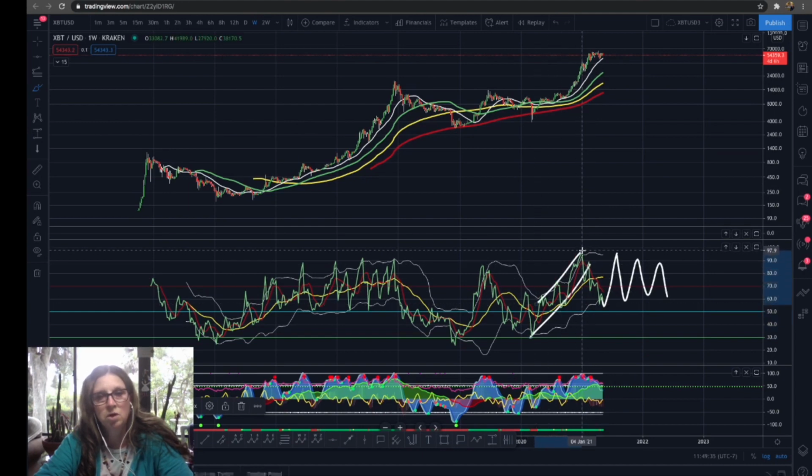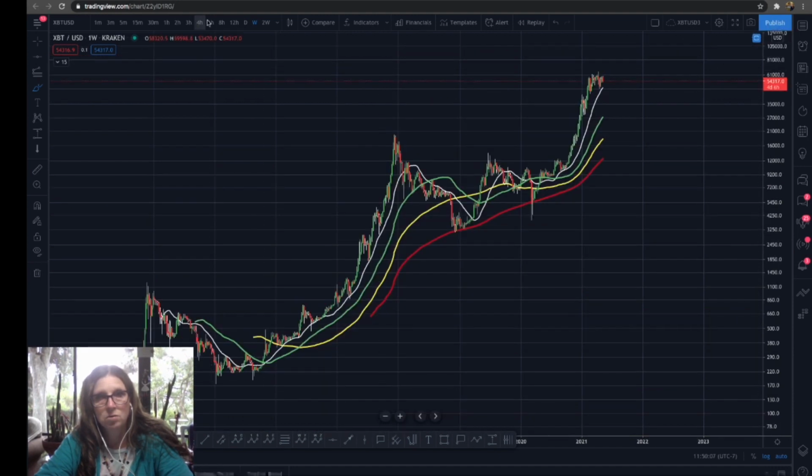I did a really good description of this in my prior video, and I would highly recommend you go back and look at it, because I went over and broke down this RSI. But basically, we need to bounce around between the 50 and the 90 for this to continue up like it did here. That's what we need to do on a weekly time frame.